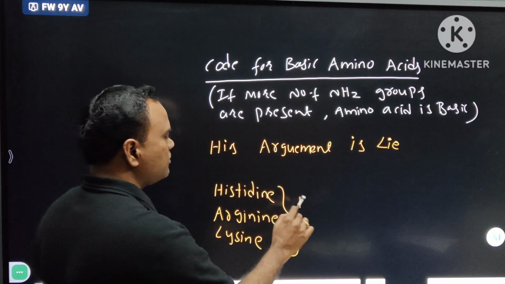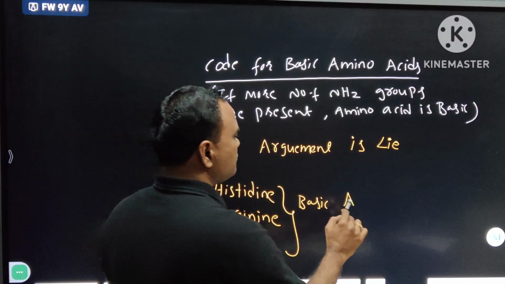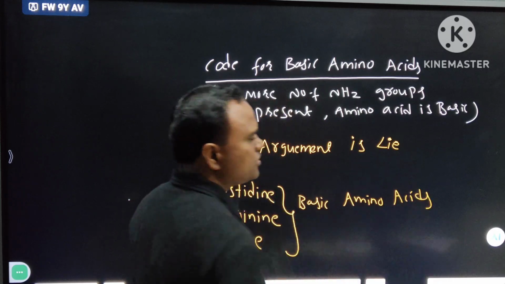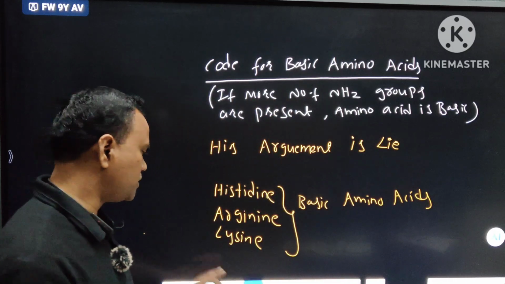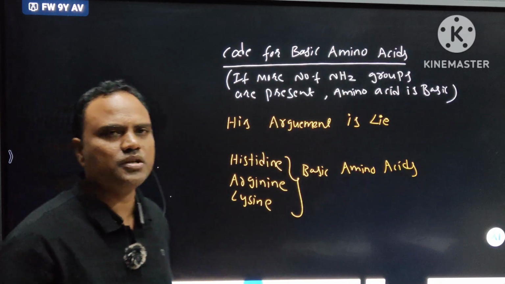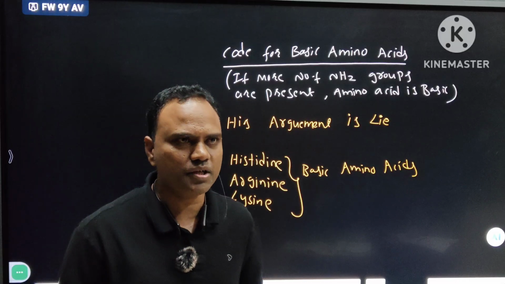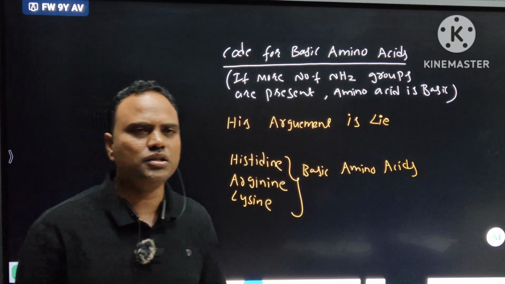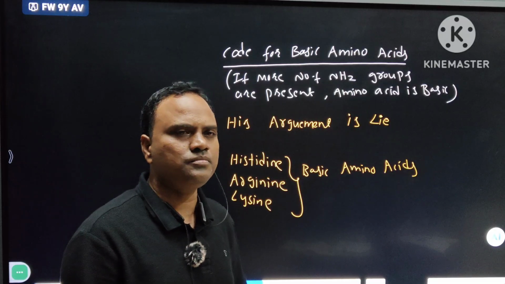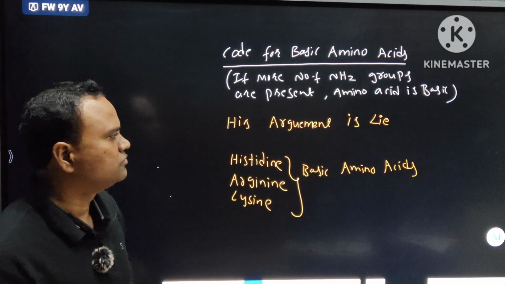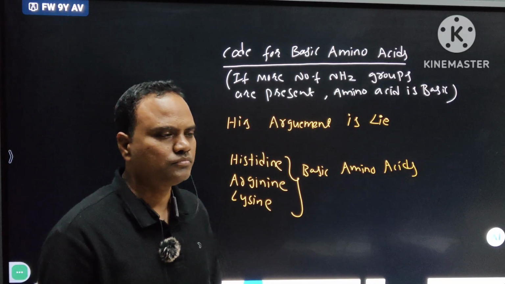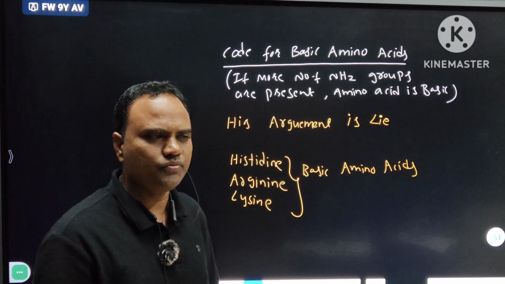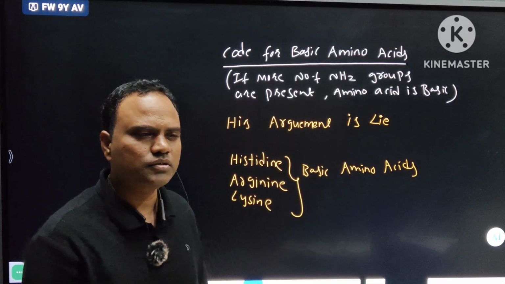These three are basic amino acids. 100% probability is there to get these type of questions. Okay, which of the following is basic amino acid? How many of the following are basic amino acid? A comma B, only A, C and D, like that in weekend exams. You can create your own codes, right? If you get any easy code.